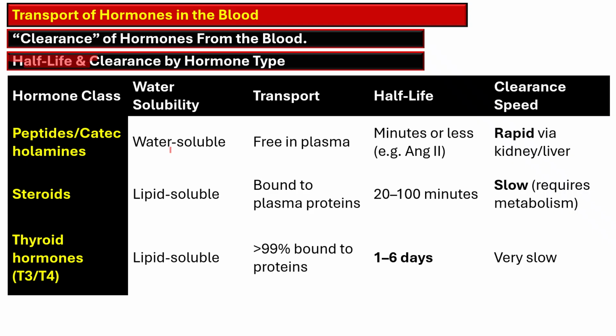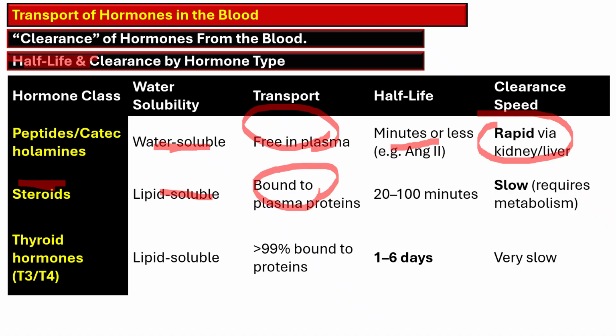The peptides and catecholamines are water soluble and free in the plasma, and the half-life is a minute or less, and they are cleared away rapidly via kidney or liver, while steroids are lipid soluble and bound to plasma protein.